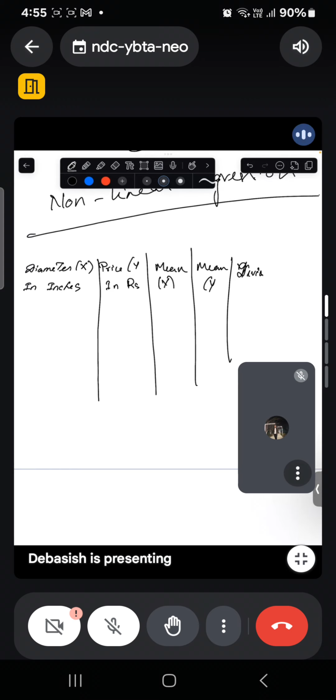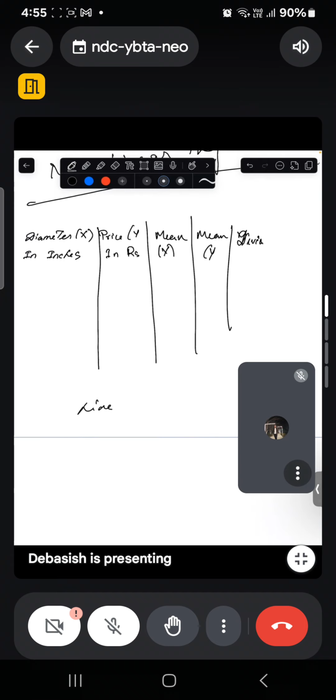I'll discuss linear regression using an example in the next class.